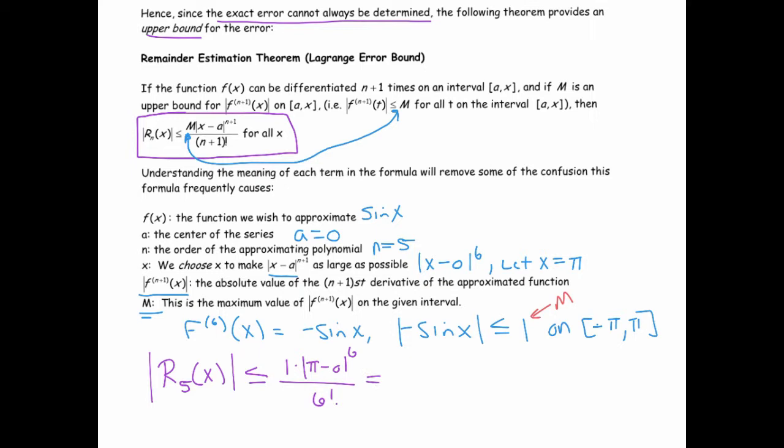So in other words, our error is going to be less than pi to the 6th over 6 factorial. And that ends up being 1.334.